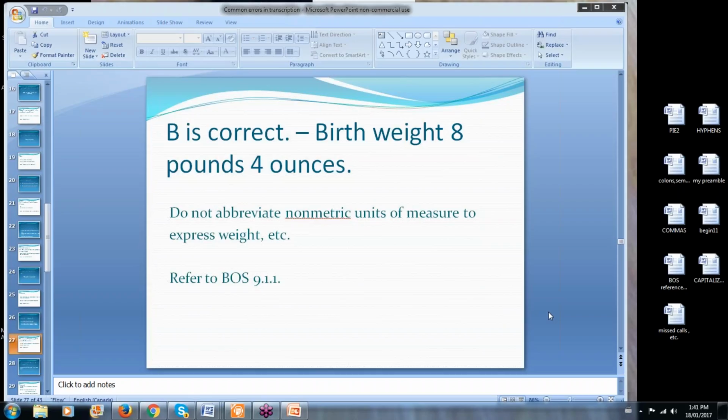For example, if they said the incision was 2 centimeters away from the heart, then you would put 2 cm. But if they said the incision was a few centimeters from the heart, where there wasn't a number dictated, you would type out centimeters.